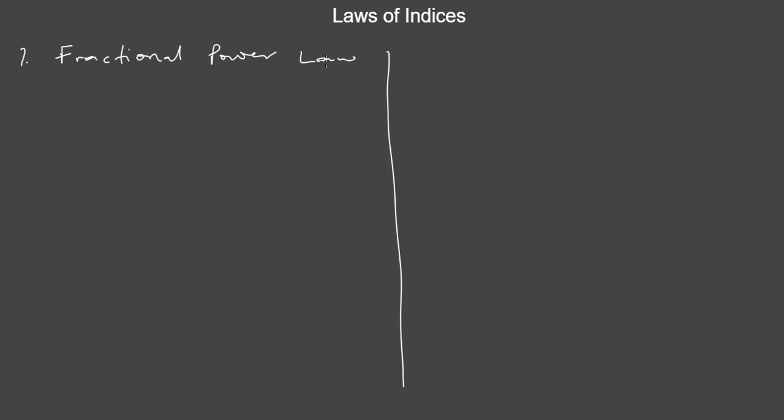What this means is if you have a power that's a fraction, so if I have 2 raised to the power of 1 over a, the power this time around is a fraction. How else can we express this? We can express it as the ath root of the base, which is 2.